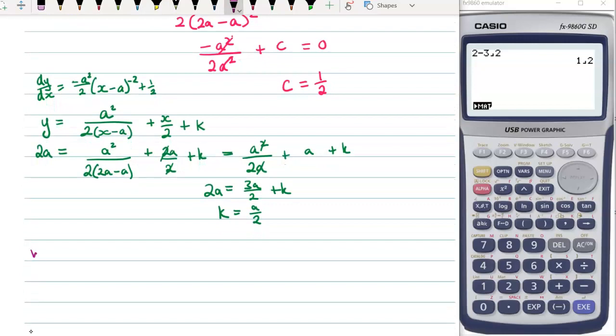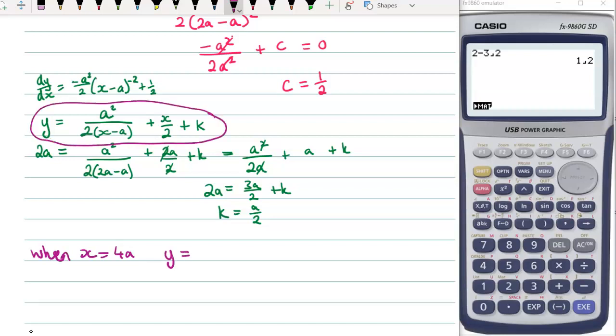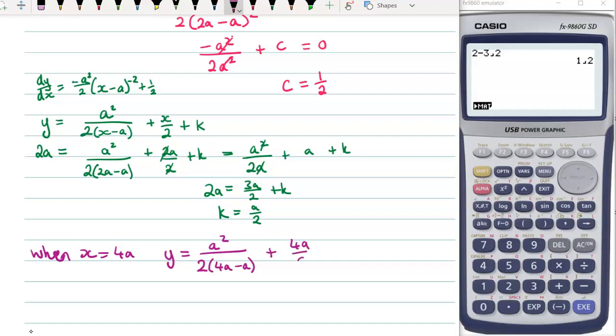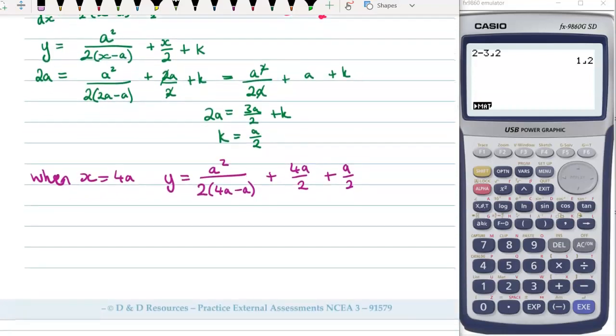So finally, when x is 4a, y will be equal to, and I'm using this line just here, but I'm going to sub in the value of k that we've just worked out here. So a squared over 2, 4a minus a, because x is 4a, 4a over 2 plus a over 2. Let's work that through.